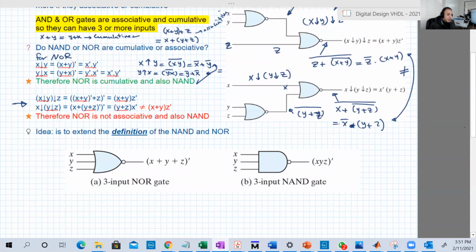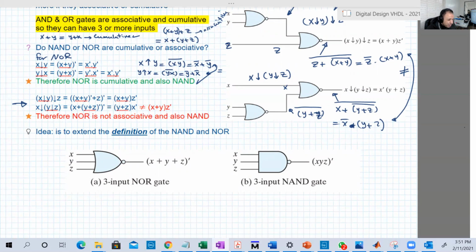So the idea is to extend. This is a thing here that you should be flexible with. So just extend the definition. We're going to make the definition of NAND be the complement of AND, whatever the number of inputs of the AND gate, and NOR is the complement of OR, whatever the inputs of the OR gate.